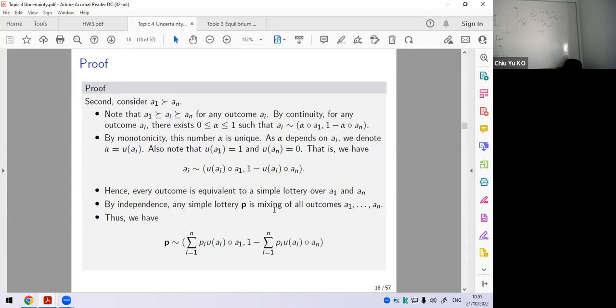We will normalize so that the best is 1 and the worst is 0. Then this will work, because by construction, when this is 1, this is 0, and this will be itself. So for Ai, I can always write utility, which turns out to be the probability that you choose the best versus the worst.